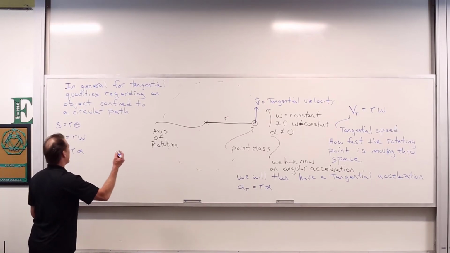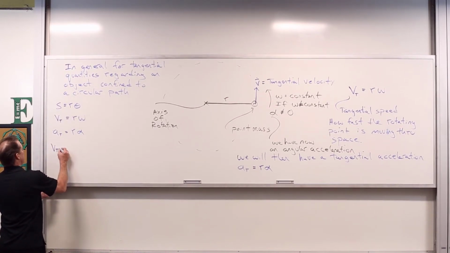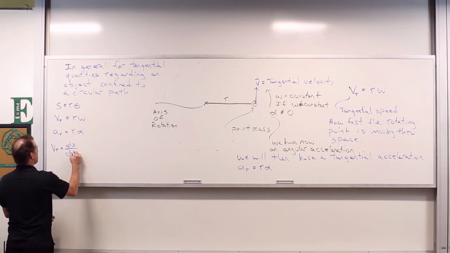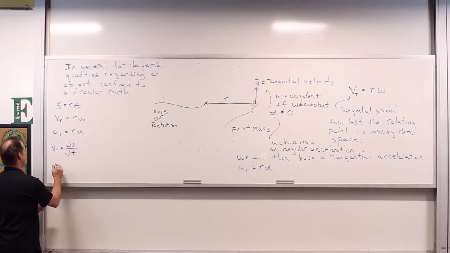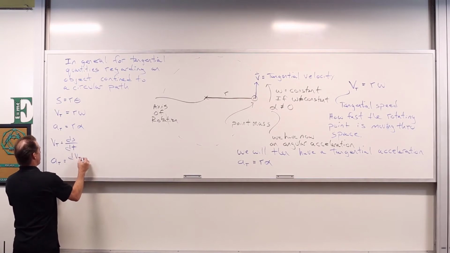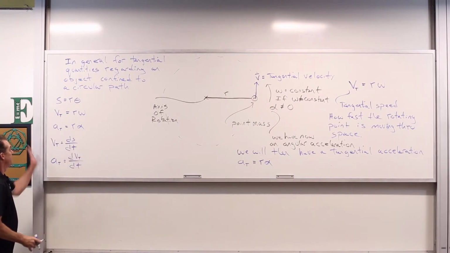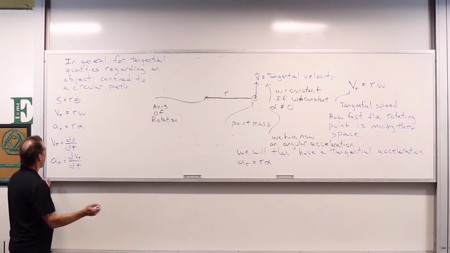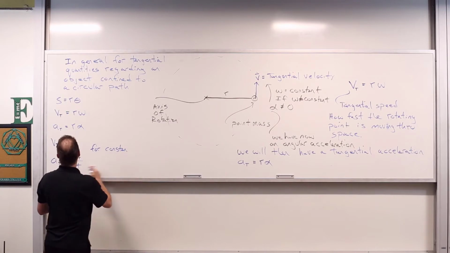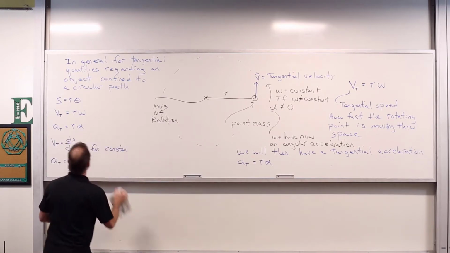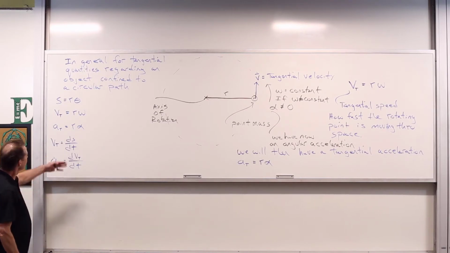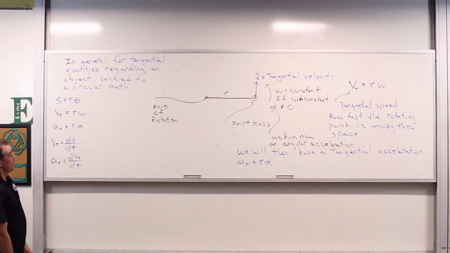From all this, we can make the connections that v sub t is equal to ds by dt, and a sub t is equal to dv sub t by dt, making the direct connections assuming that r is constant. But we're going to be keeping r's constant anyway for this course, so there's some other things that we could just say about it.